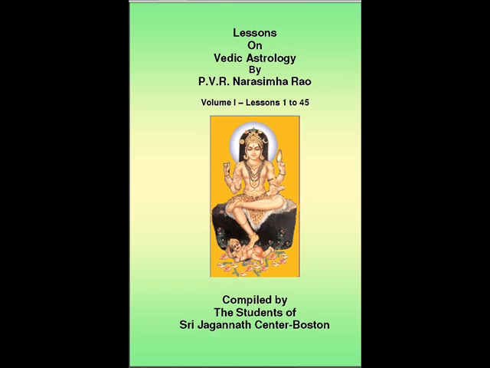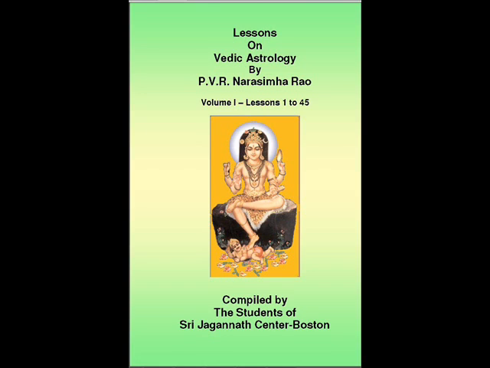There are these 4 movable signs, Aries, Cancer, Libra and Capricorn. Out of those, for Kali Yuga, Capricorn is the most important sign. So in Kali Yuga, they say that Sun entering Capricorn is more important than Sun entering Aries or any other movable sign. The entry of Sun into Capricorn is called Makara Sankranti.